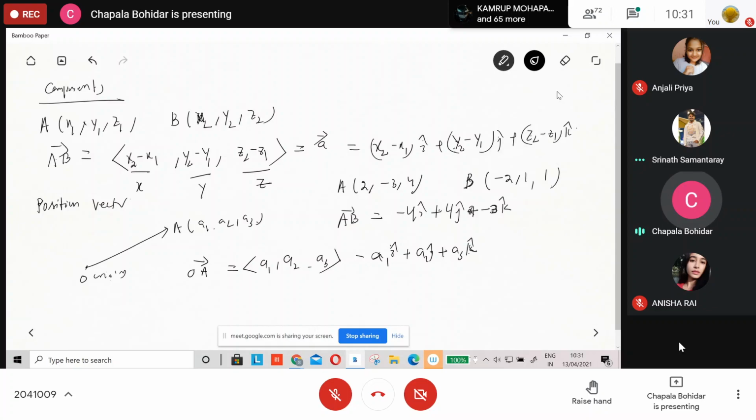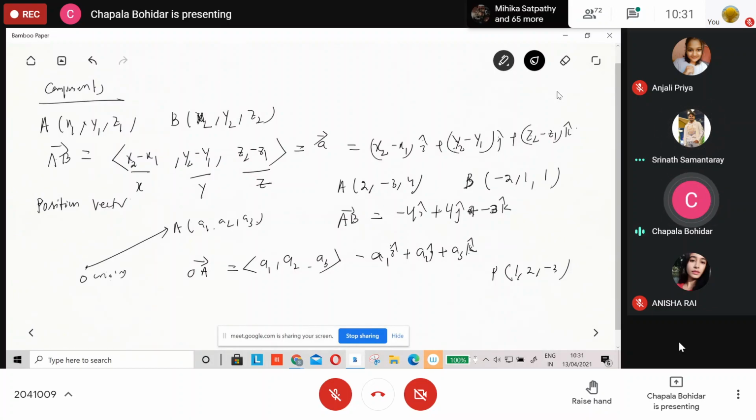Find the position vector of the point P. Point P is defined as 1, 2, minus 3. Position vector: i cap, 2 j cap, minus 3 k cap.